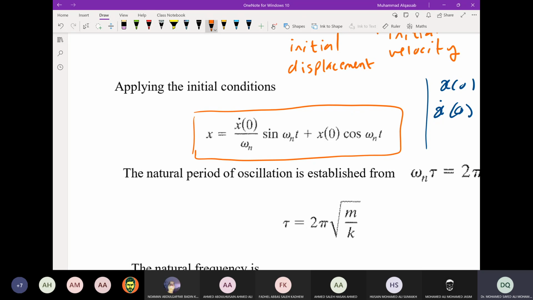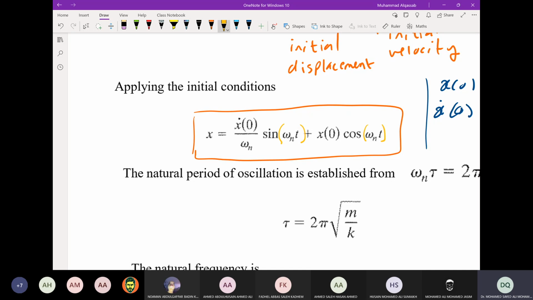Now, one thing that you can notice before we stop: the argument of sine and the argument of cosine is the same, omega n t. Omega n is radian per second, and t is in seconds. So the product omega n t will give us radian.